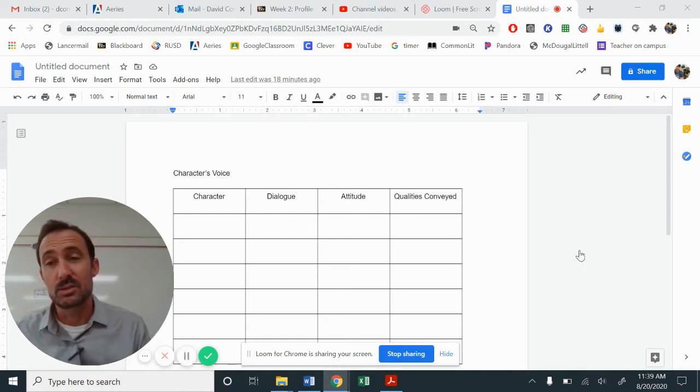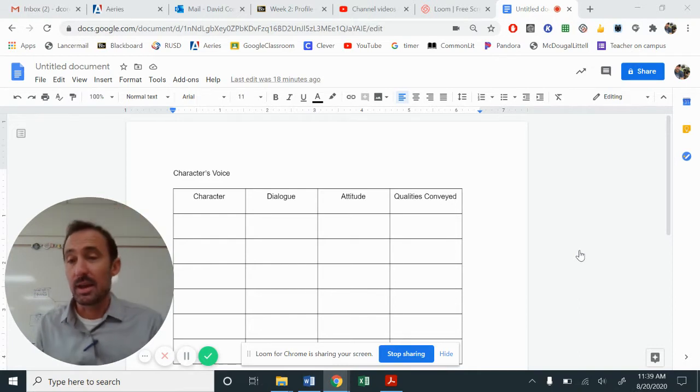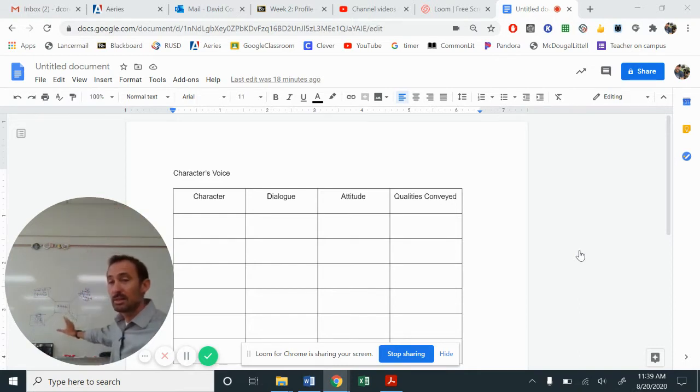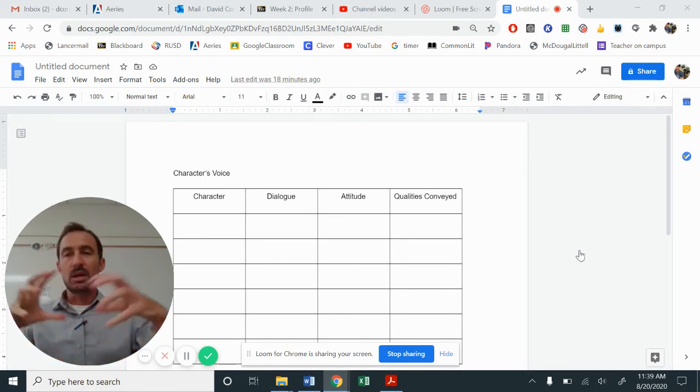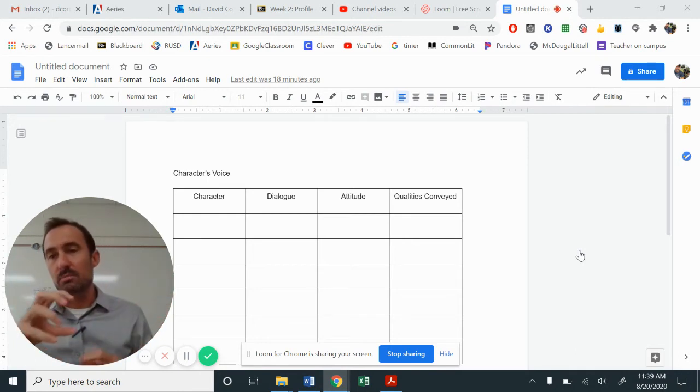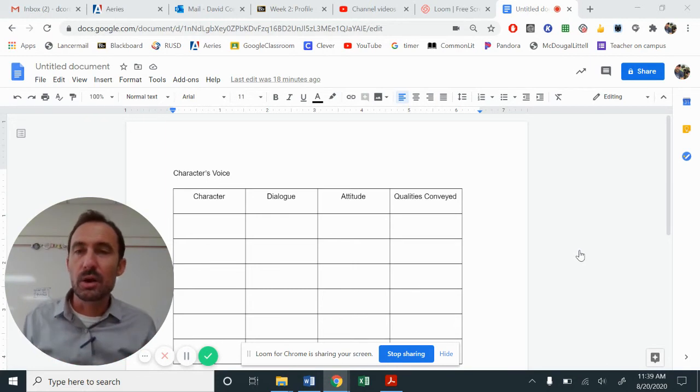Cordes, and today, ladies and gentlemen, we are going to be talking about character voice and what that looks like when we analyze characters. You have done an activity that looks similar to this, where you put in attributes and qualities of a character for a character chart. That activity helps us understand who that character is, their motives, how they respond to others.